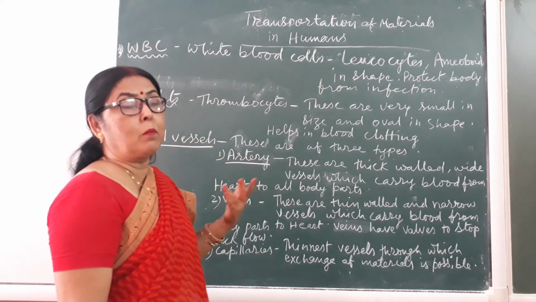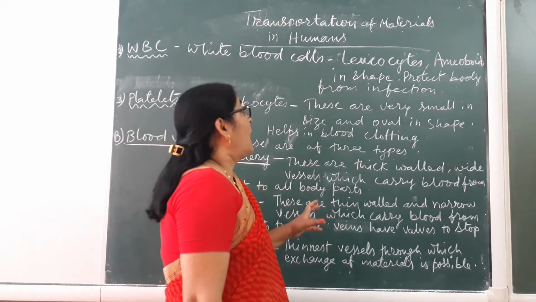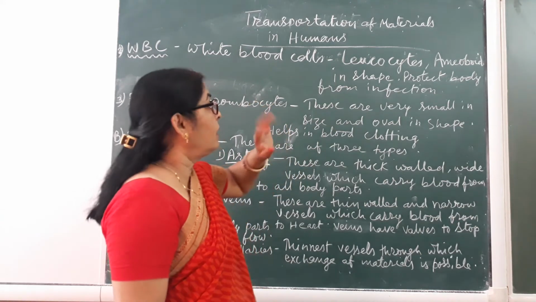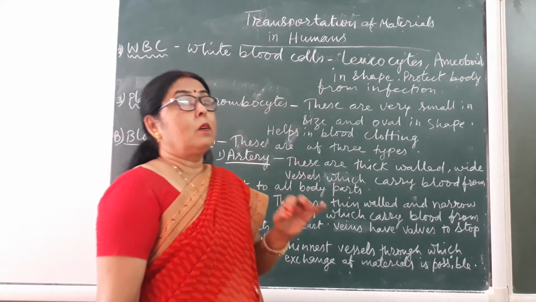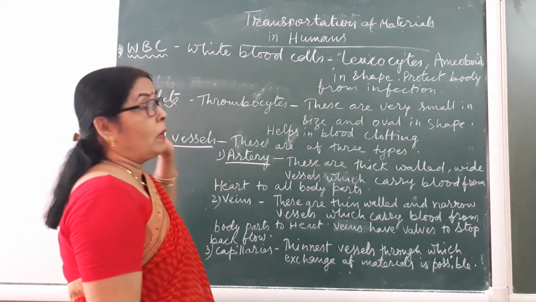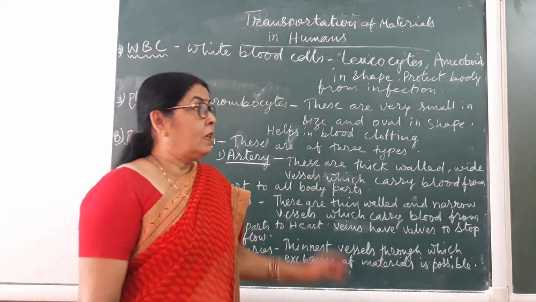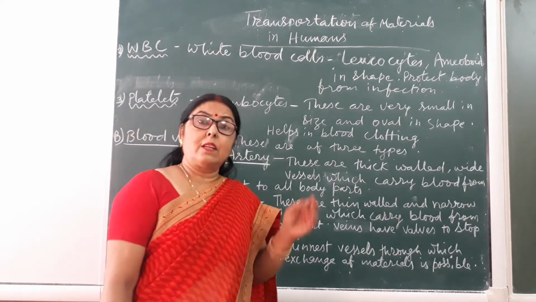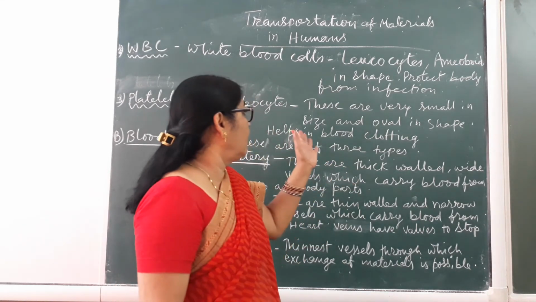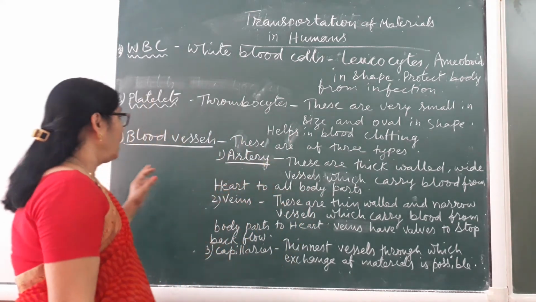We all know that WBC are amoeboid, means irregular in shape, and they are also known as leukocytes because they have no color and they protect our body from infection. The third one is the platelets. Platelets are also known as thrombocytes. These are very small in size, oval or round in shape, and they play an important role in blood clotting, means they help in blood clotting.